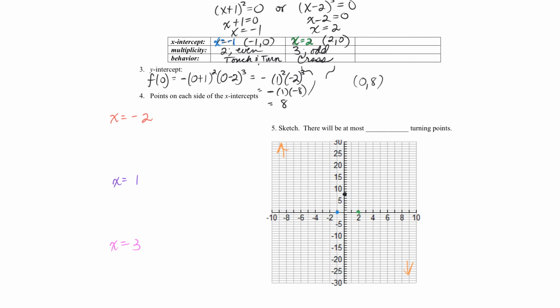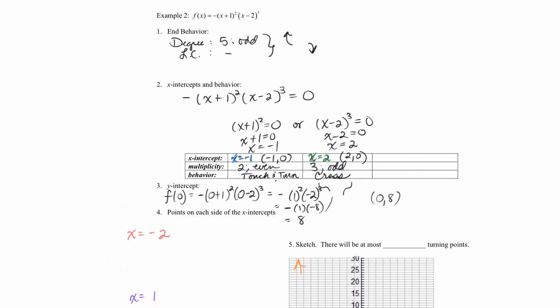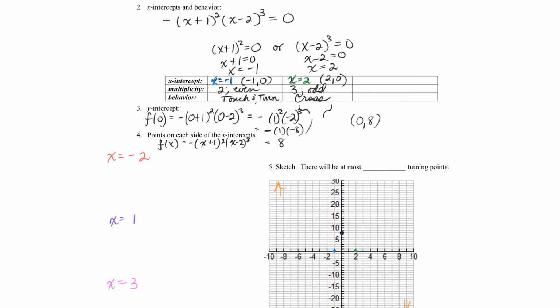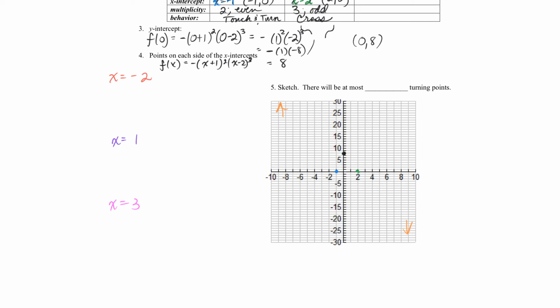So let's go ahead and see where these points are going to be found. Again, let's remind ourselves what our function definition is. f of x equals the opposite of (x plus 1) squared times (x minus 2) cubed. Okay. So f of negative 2 is going to be the opposite of (negative 2 plus 1) squared times (negative 2 minus 2) cubed. Opposite of negative 1 squared times negative 4 cubed.